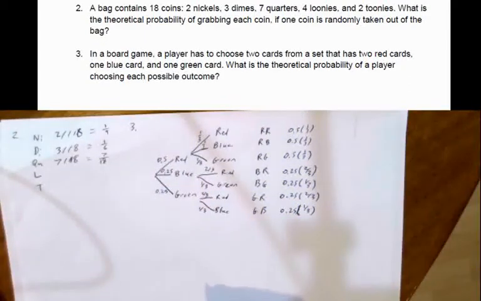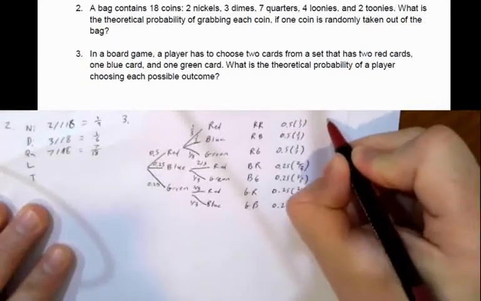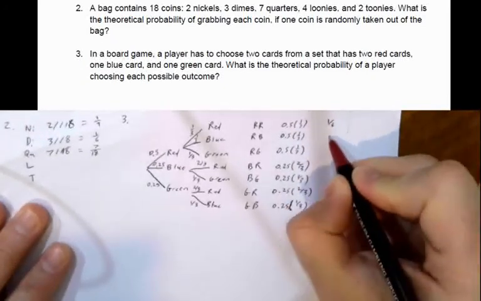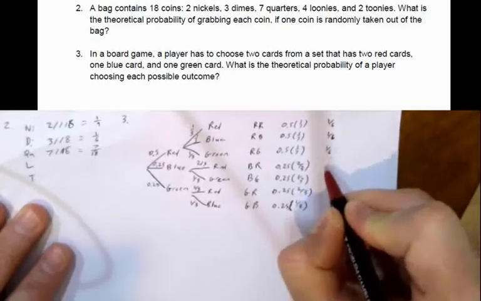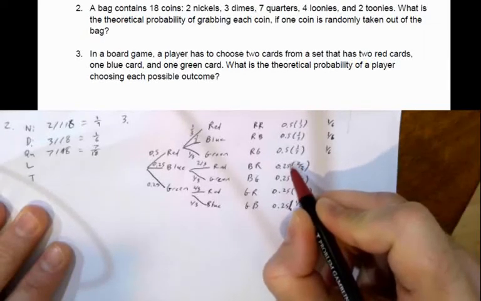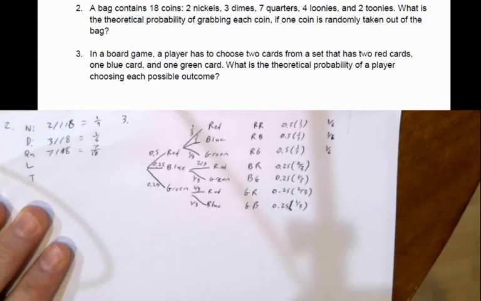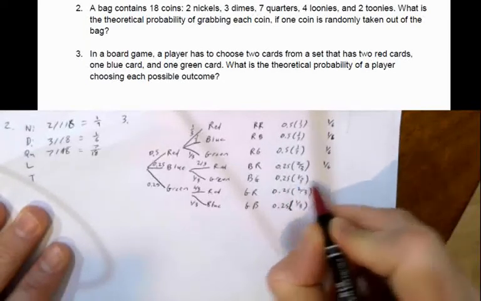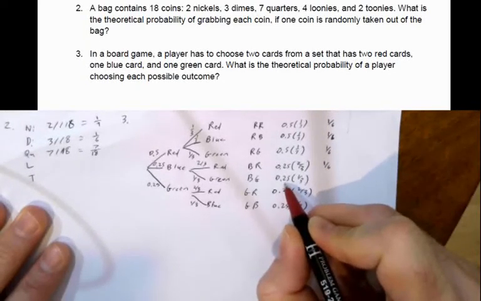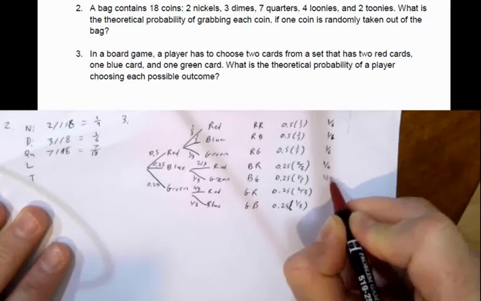So then I have to find out what each of these would be. This is 1/2 times 1/3, so this works out to 1/6, 1/6, 1/6. This would be 2/12, and 2/12 would reduce down to 1/6, of course. 25% and 1/3 would be 1/12.